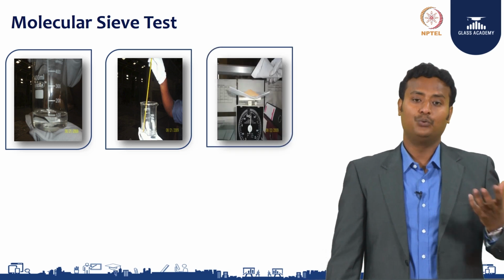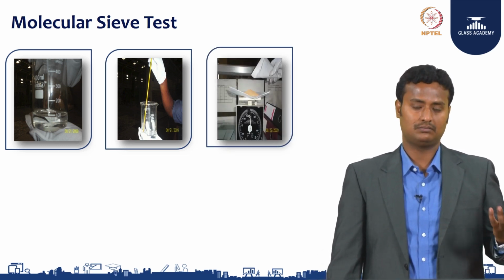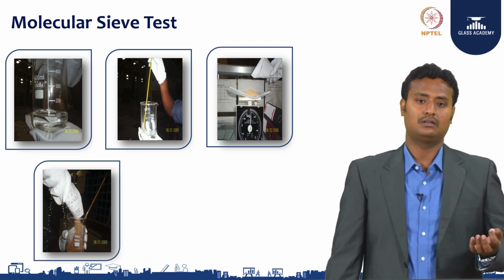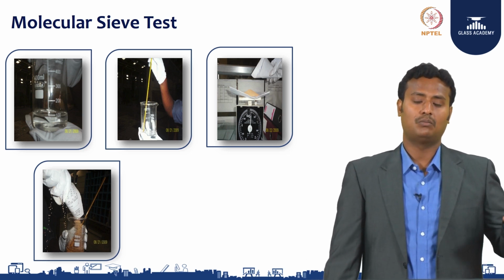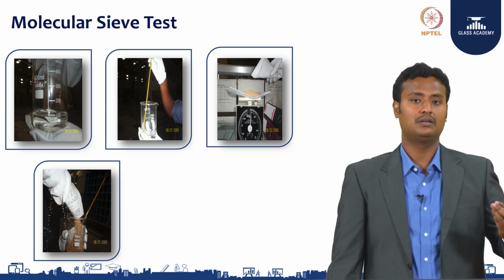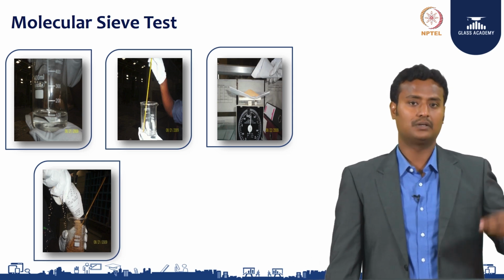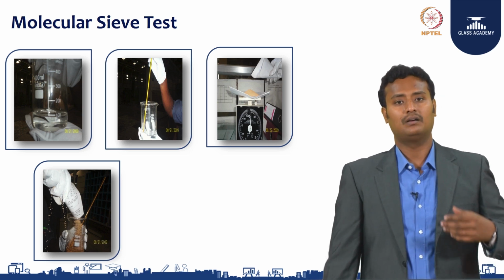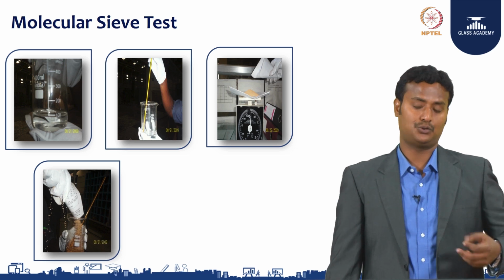Then you weigh 100 grams of molecular sieve, put it in a beaker, and measure its temperature. The moment you insert the thermometer, within 2 to 3 seconds, it will show 60 degrees centigrade.